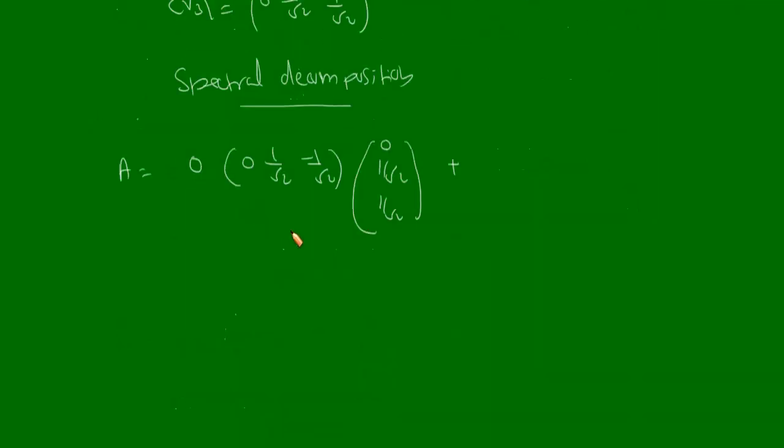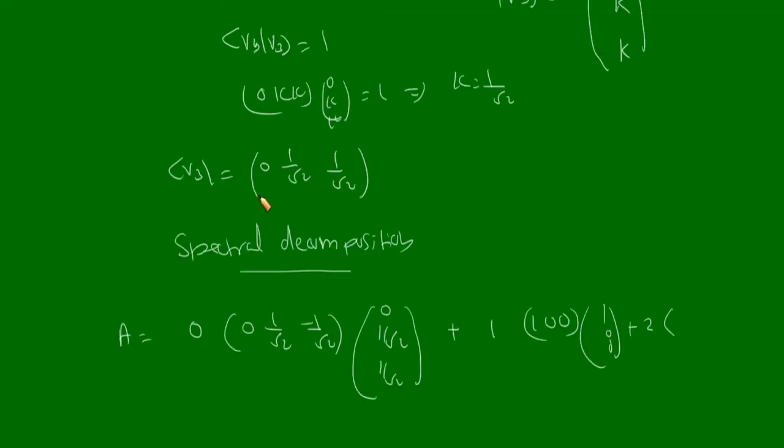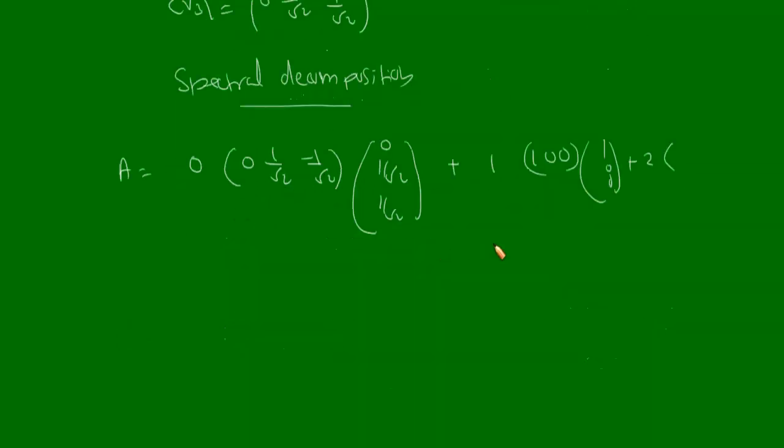So that will be 1 into 1, 0, 0 into 1, 0, 0, plus the next eigenvalue is 2, 2 into our eigenvector here, 0, 1 by root 2, 1 by root 2, into 0, 1 by root 2, 1 by root 2. Okay. Now let us expand these terms.